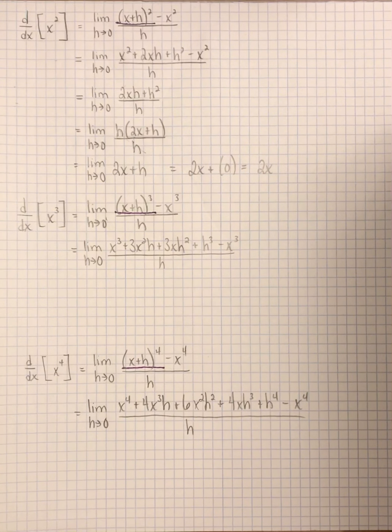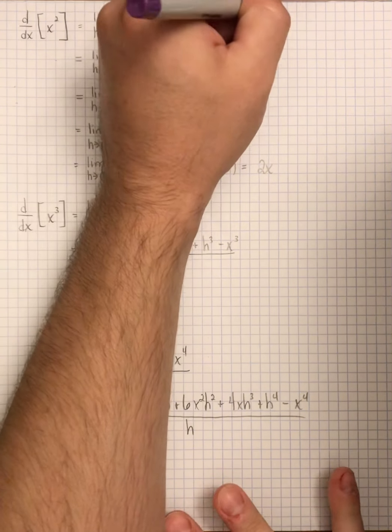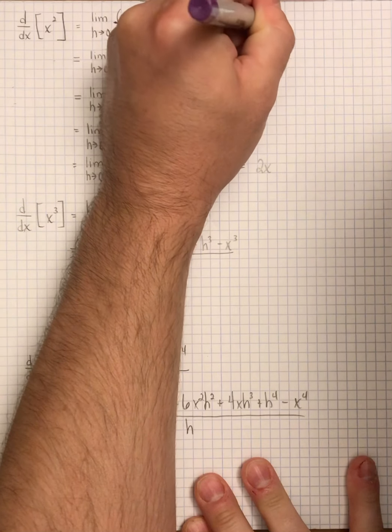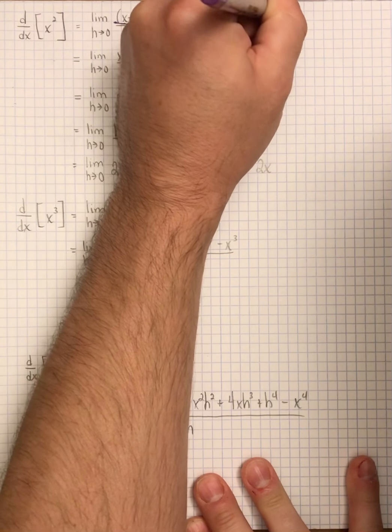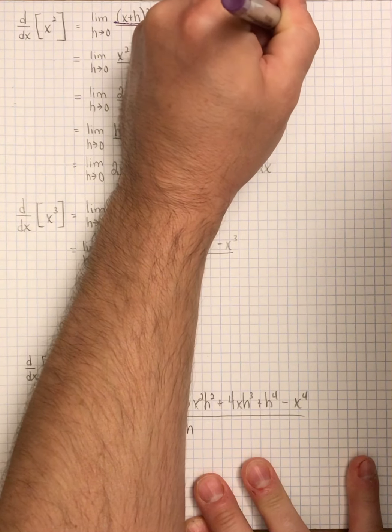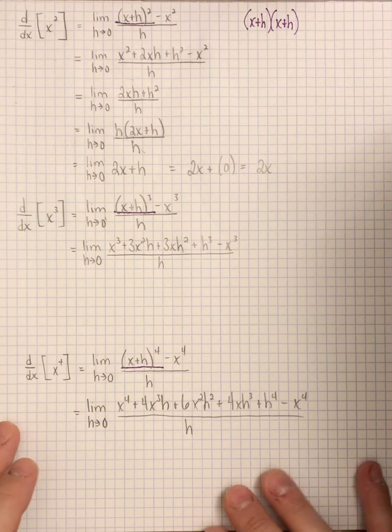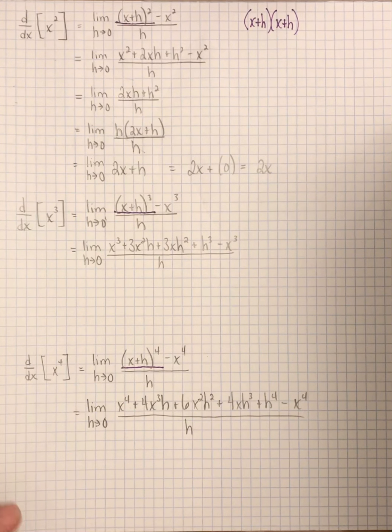So the first and really most important key step of this is the expansion of x plus h to the power. Now, it's not as simple as just doing x squared plus h squared. We actually have to write x plus h once for each, so that there are n factors of it where n is the power.